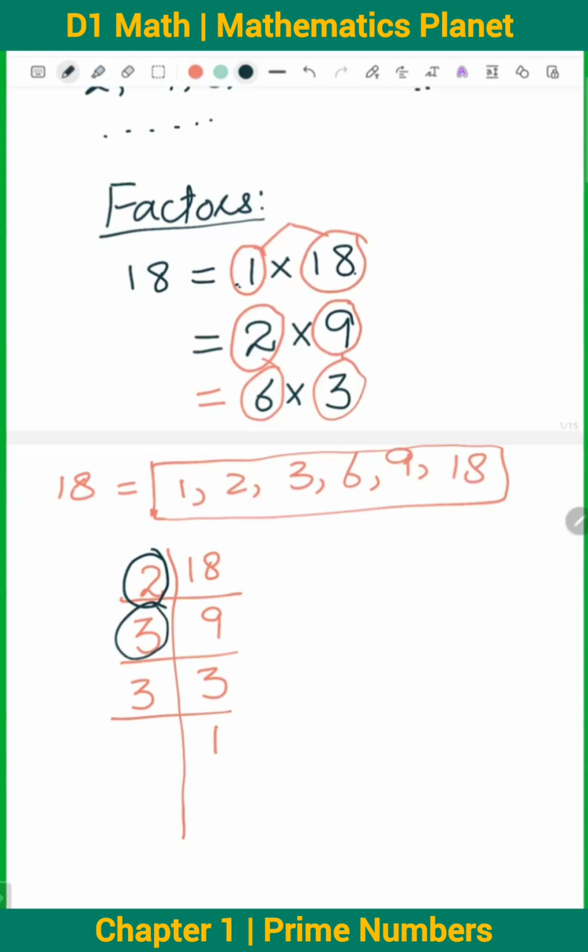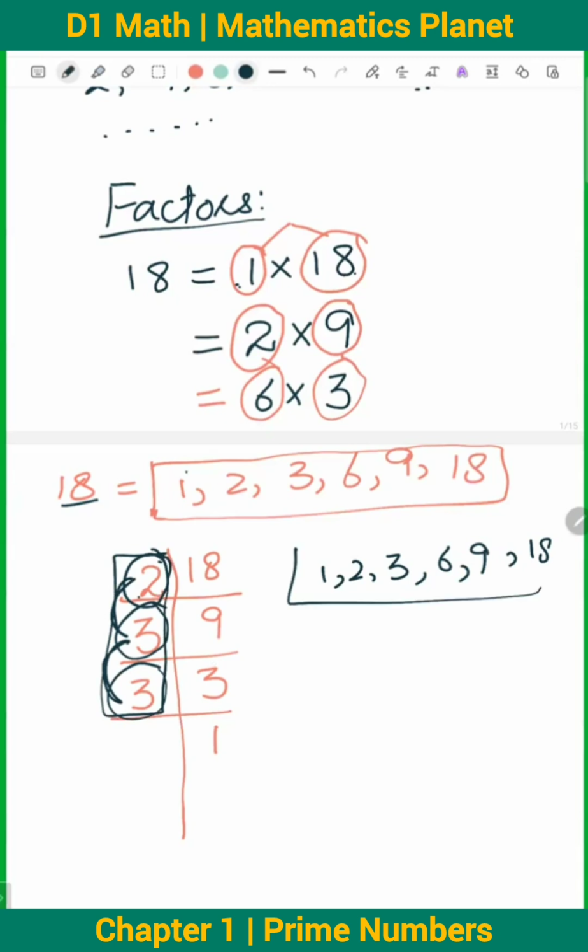For example, 1 is a factor of every number, so 1. 18, the number itself, is a factor, so 18. Then comes 2, then comes 3. Then 2 times 3 is 6. Then 3 times 3 is 9. So the numbers that come in this factor tree and the products of those numbers are all the factors of 18.